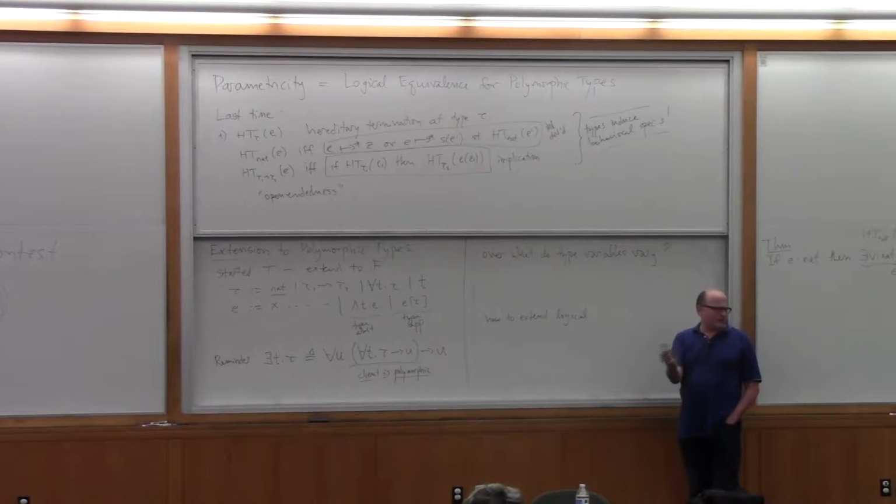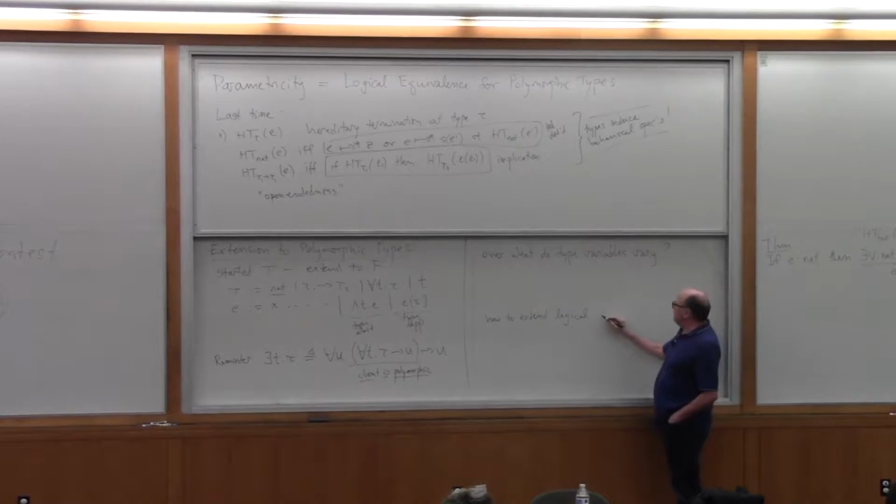You consider all the contexts that give you a natural number as an observation, and because now we're in system F, those contexts can do polymorphic application and instantiation and abstraction and all that. But anyway, the definition is formally the same. It's just that the contexts are now in the enriched language. So there's no question about what that is. So the question is how to extend logical equivalence to polymorphic types.